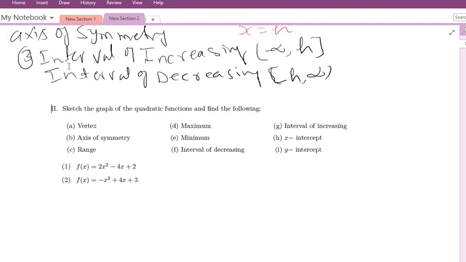Now, my dear friends, I'm going to explain a few questions from the exercise. This is exercise 1.5.